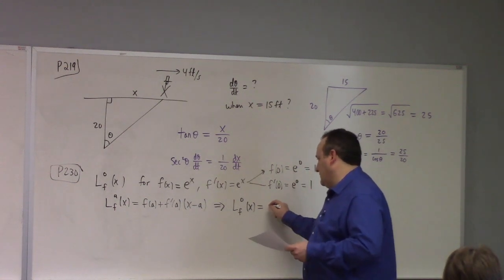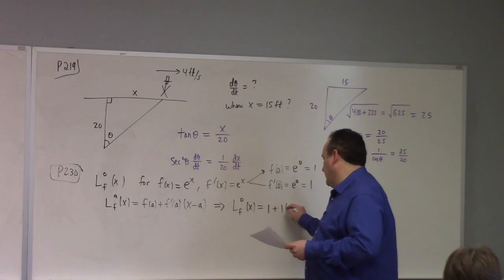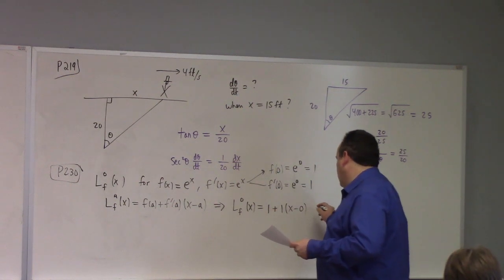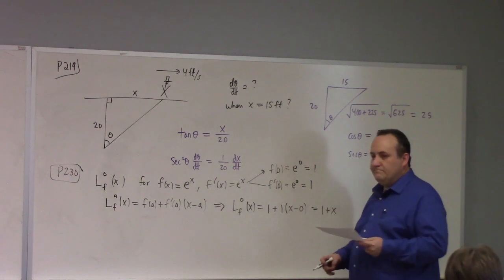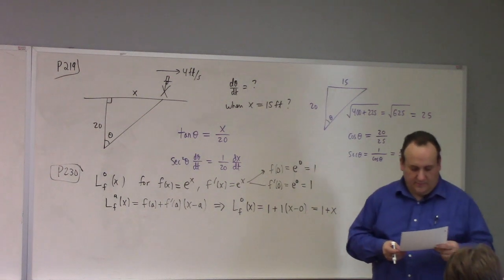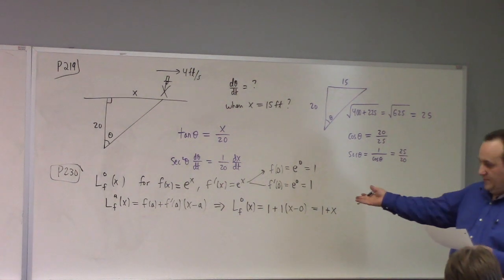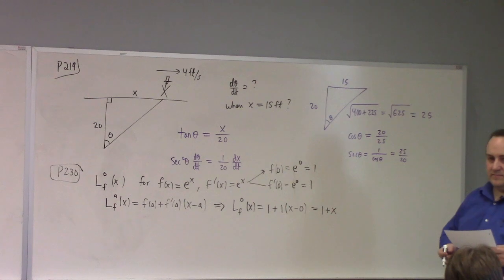So this is literally just 1 plus 1 times x minus 0. In other words, the linearization you're looking at here, you could write as 1 plus x or x plus 1, whatever floats your boat. But there you go. That's the start of problem 230. That's the formula for the linearization. Now you can try plugging it in and seeing what happens.